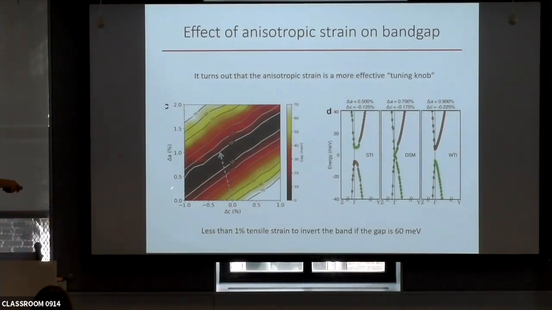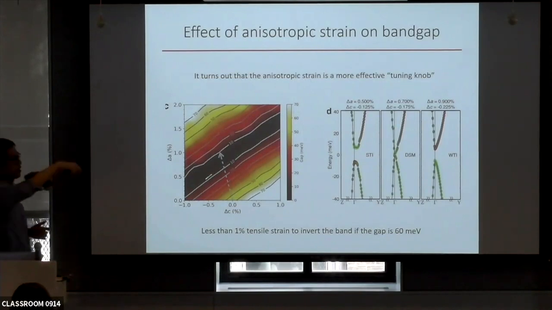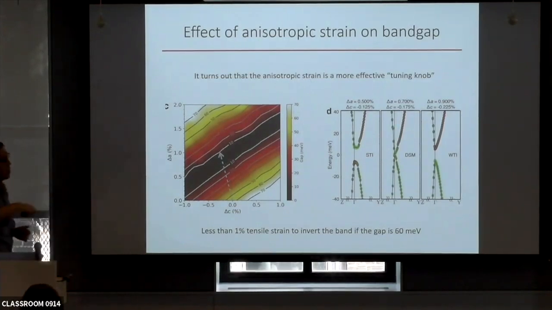In fact, you can see a valley corresponding to the 0 gap state, or the topological phase boundary, going diagonally across this map. So you really want to expand the a lattice constant, for example, if you're starting from this side, and contract the c lattice constant to cross this topological phase transition very efficiently.